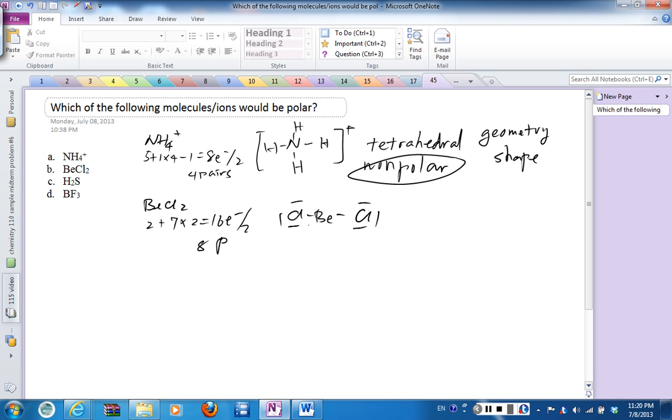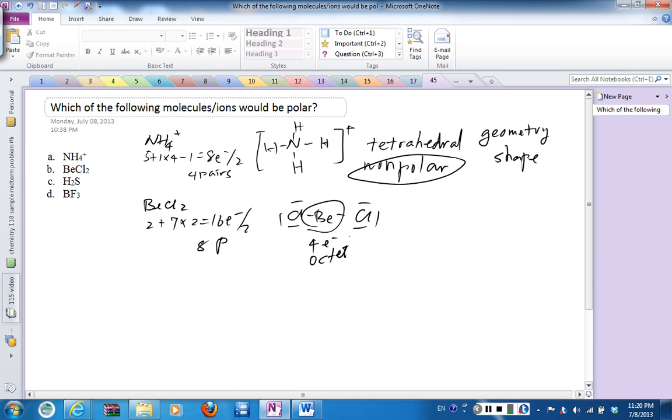And no need to move things over because beryllium, Be, is in one of our rules as something that only requires 4 electrons in its octet.